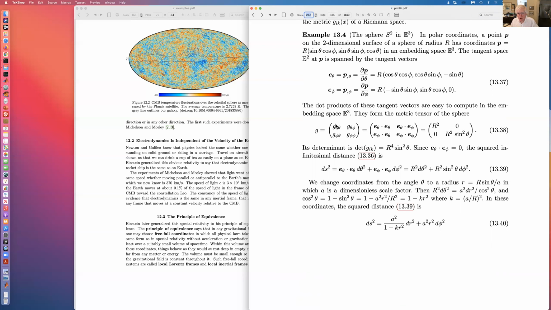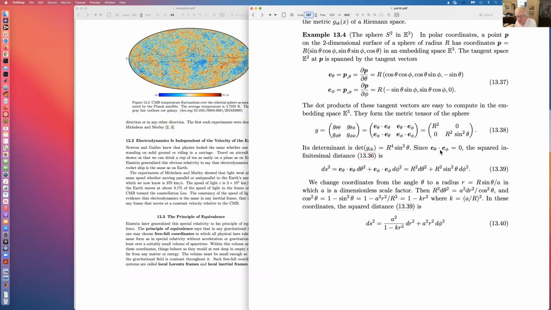And when you take the dot products of these vectors, you get the metric tensor of the sphere, and it turns out to be this. And when I say the metric tensor, it's the metric tensor for these coordinates, because the metric tensor, of course, transforms covariantly. If you change coordinates, it changes, but it changes in this nice way, like a covariant tensor. The determinant of the metric is r to the 4th sine squared theta.